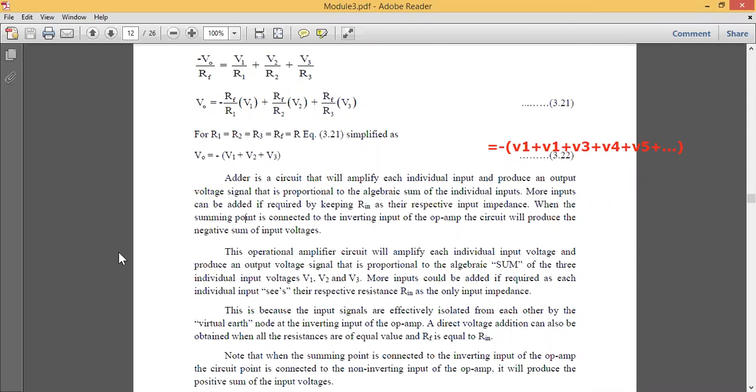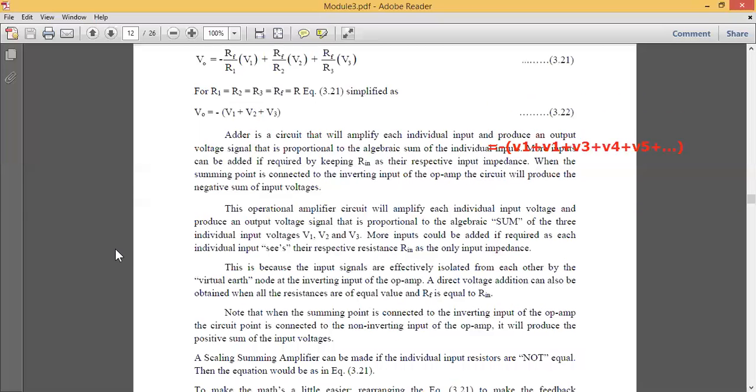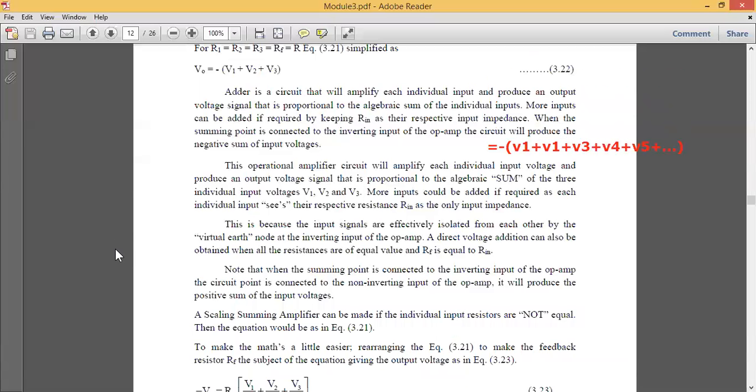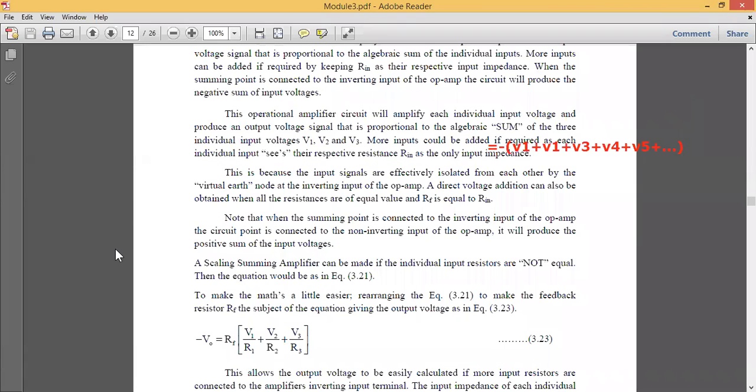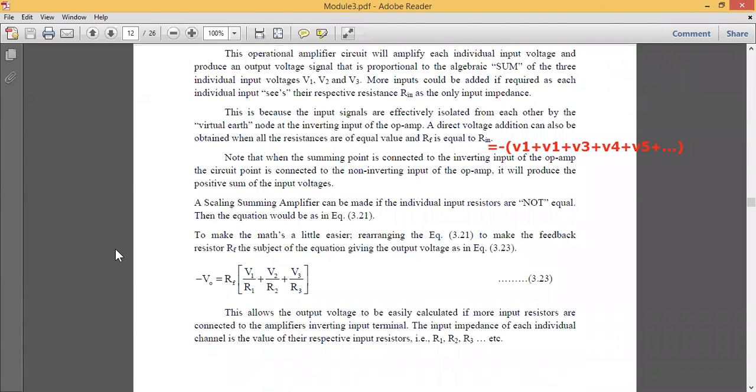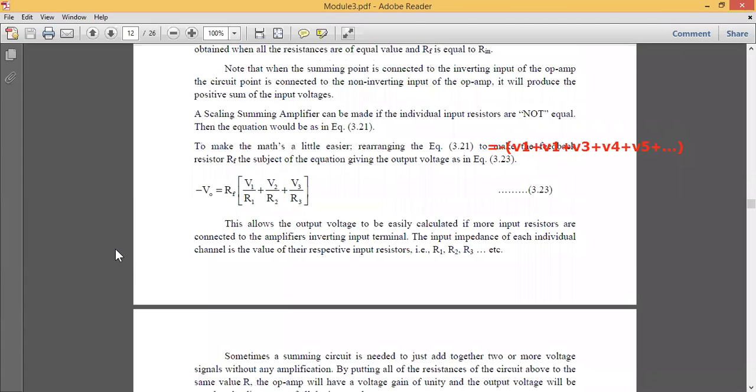But here in the explanation, this summing amplifier is an inverting summing amplifier, because the minus terminal is connected to all the input terminals of the summing amplifier. That is the reason it is also called an inverting summing amplifier.